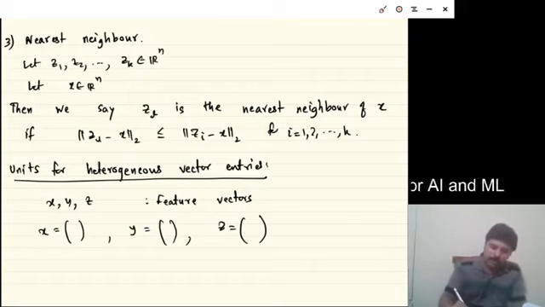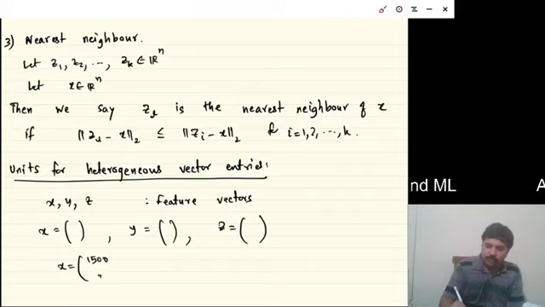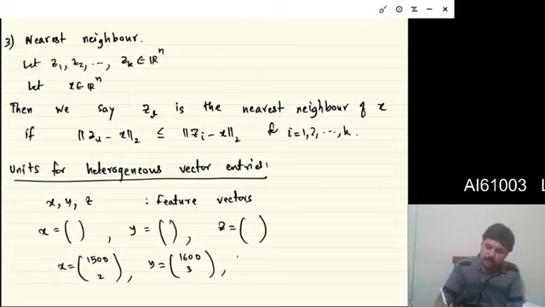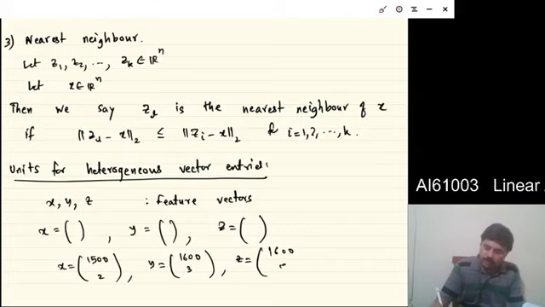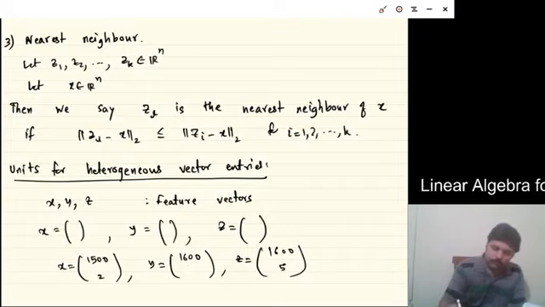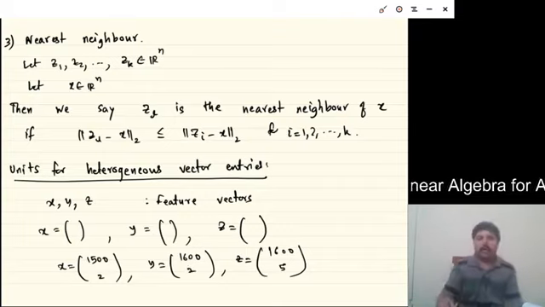So typically x can be of the type 1502, y will be 1603, and z will be 1605. I will make this 2 to drive the point home.